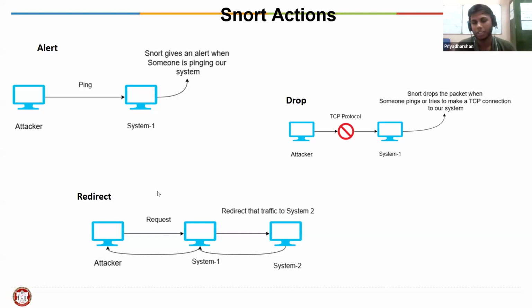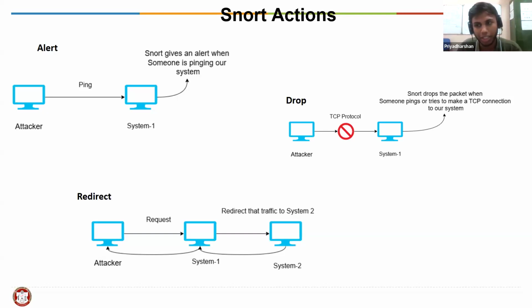Another one is redirection. In our system, we are not hosting an HTTP service, we are just hosting the FTP service. When a user tries to connect with the HTTP service, a legit user would not do that, they would just connect with the FTP service. So instead of saying no to him, we redirect his traffic to another system.